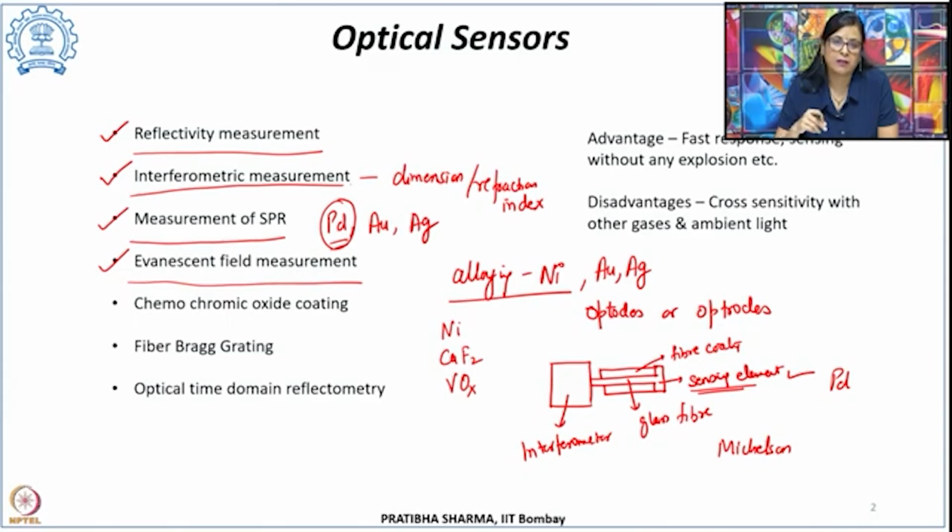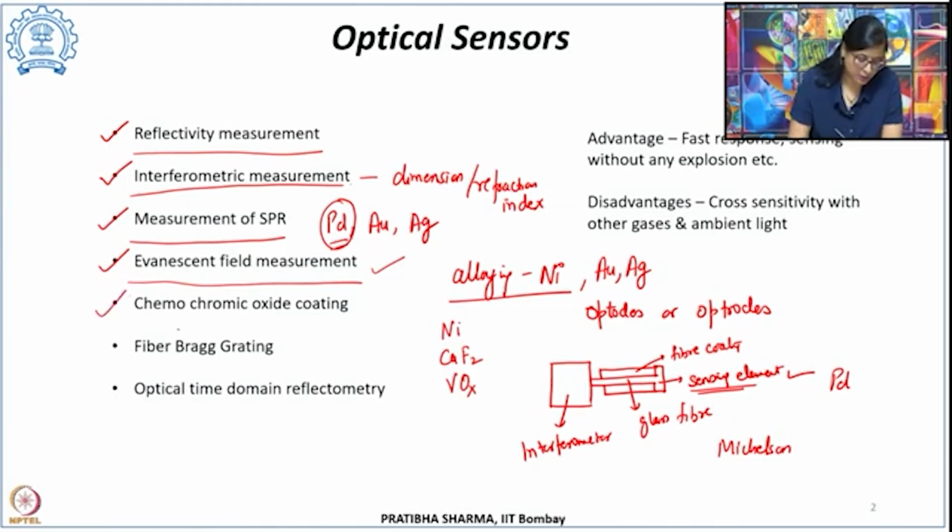When the refractive index changes, there will be a change in the evanescent field as well. That in fact gets attenuated, and that could be measured in terms of change in the transmittance of the material. So this is how we can use this as a way to detect hydrogen.